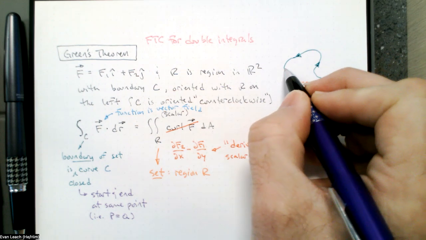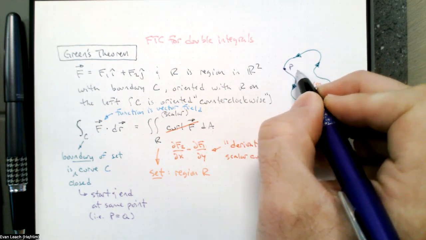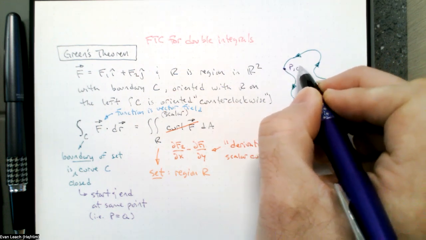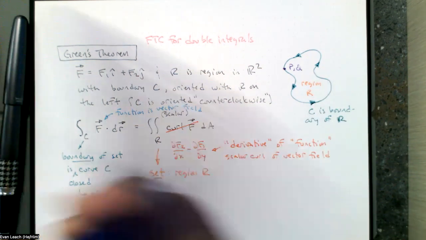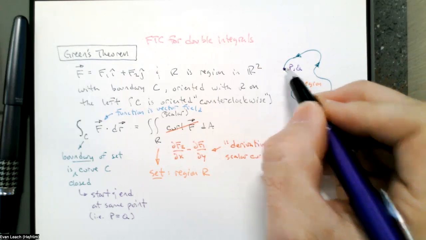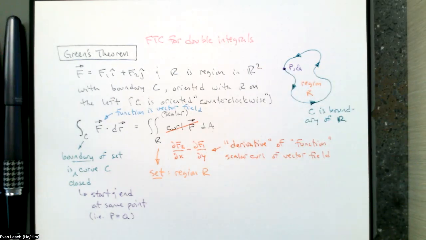If we start here at P, we also end here at P. The starting and ending points will be the same. That's the closed part of the closed curve C.